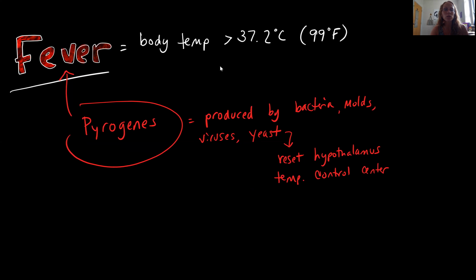So you're having to kind of shut down your negative feedback response that regulates body temperature. Now, those pyrogens can be released from a couple of different places. Your cells can make pyrogens, but also bacteria, mold, viruses, and yeast. So that's why we might have an elevated temperature when we have invasion of pathogens.